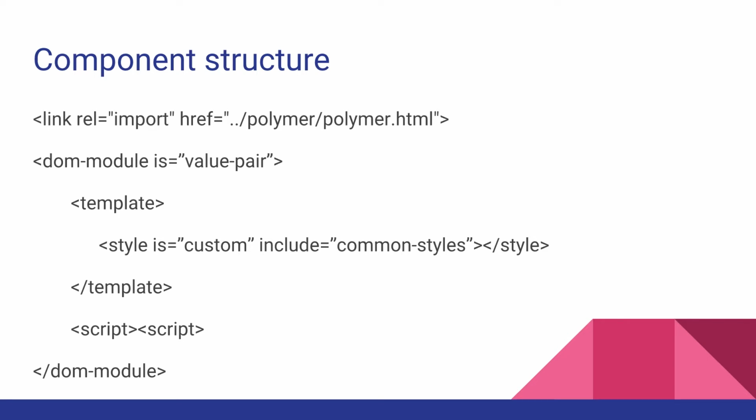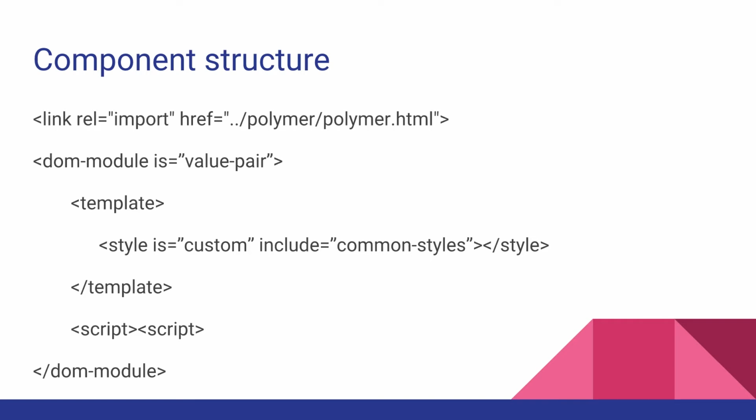So, the component structure. We start off by importing every dependency we have in our component. I have just one at the moment. Then we create a DOM module, and this is mostly used for the build process. So you can see what part of the script and the component are connected to each other, so you can actually build them back together again, because the build tool will separate the styling, the script, and the HTML, compile them separately, and then bring them back together.